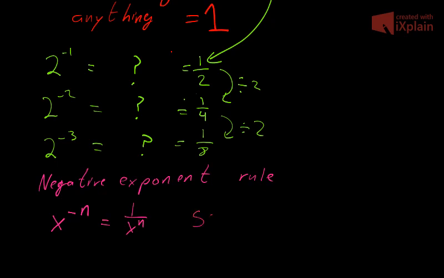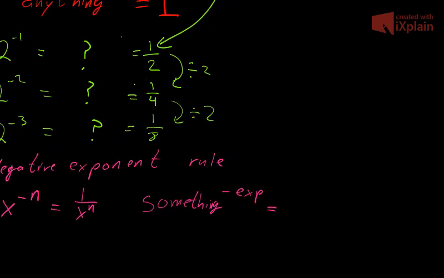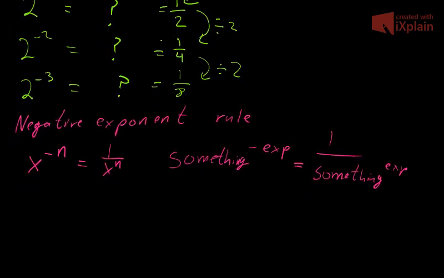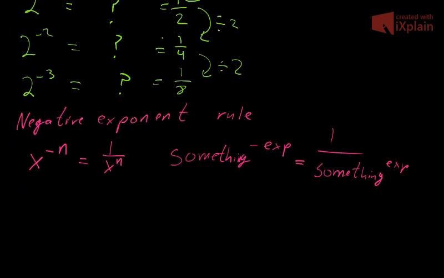So that means something to a negative exponent equals 1/something to that exponent. Which kind of makes sense, and we'll talk about why in a second, but it's going to work out really, really well with our product rule.